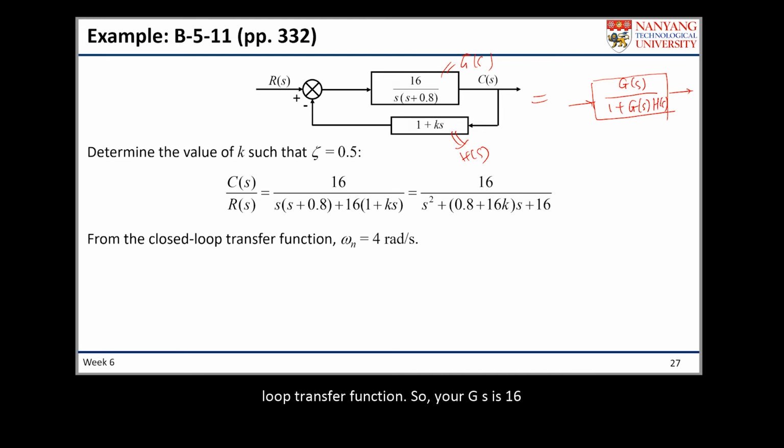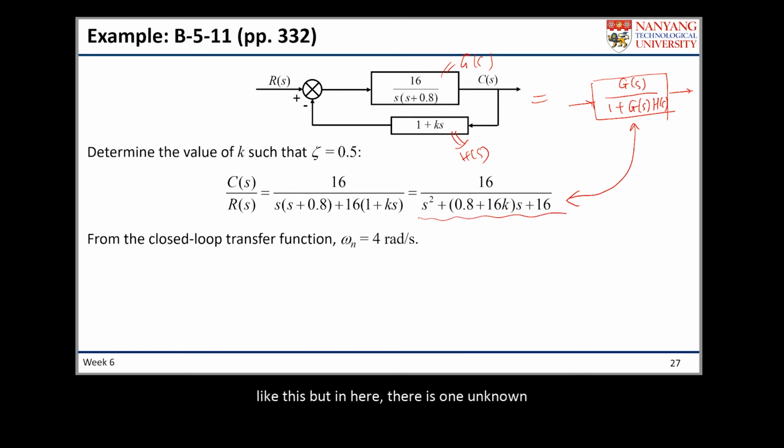So your G(s) is 16 over s plus 0.8, and the H(s) is 1 plus ks. Using this formula for the non-unity feedback system, after you substitute all of these G(s) and H(s), you can check it again by yourself for exercise. The transfer function of this non-unity feedback system will be like this.